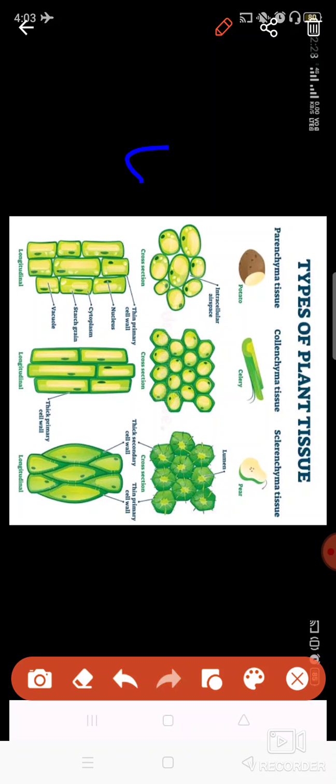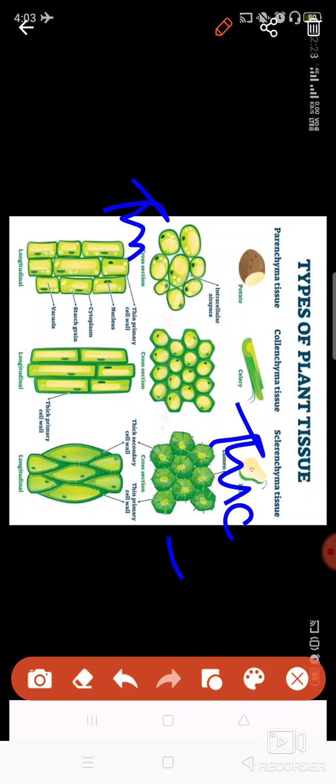The first two are living, and sclerenchyma is dead. Parenchyma has large vacuoles, collenchyma has small vacuoles, and sclerenchyma has no vacuole. Parenchyma and collenchyma have a nucleus, while sclerenchyma does not. Their cell wall is thin, thick, and thickest, respectively.